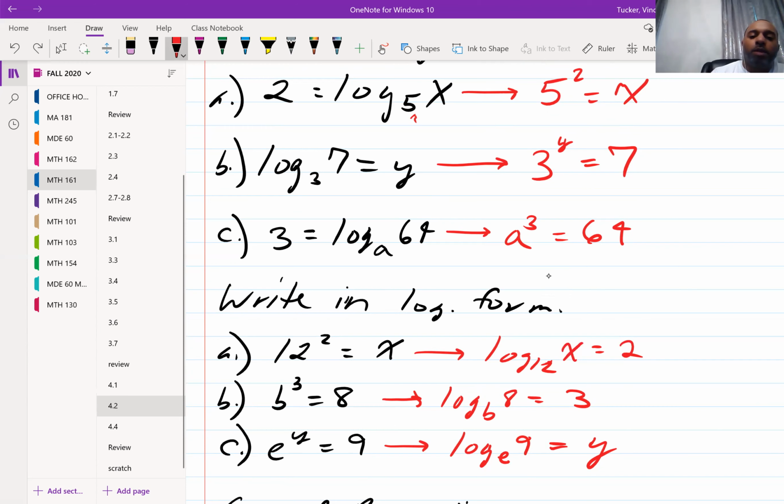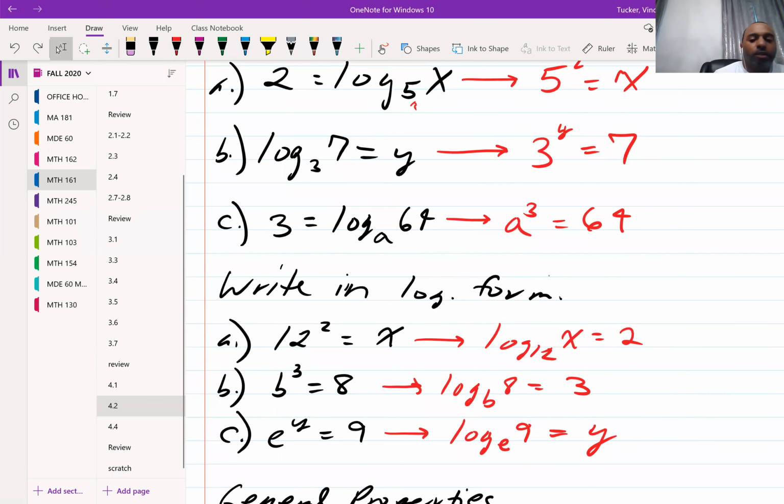All right, same thing with b cubed equal to 8. Your base is b. And then it's going to be log base b of 8 equal to 3. Once again, recognizing what's next to b in my exponential form should not be next to b in my logarithmic form. And then e to the y equal to 9.